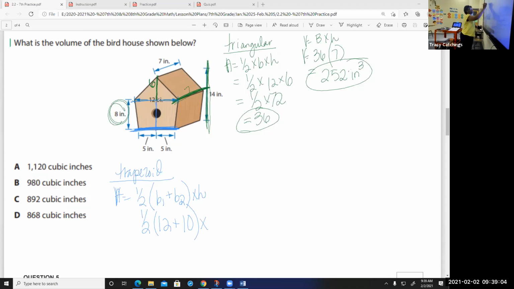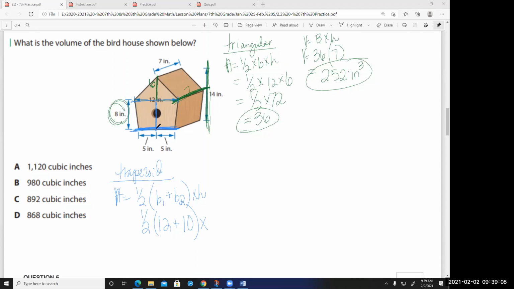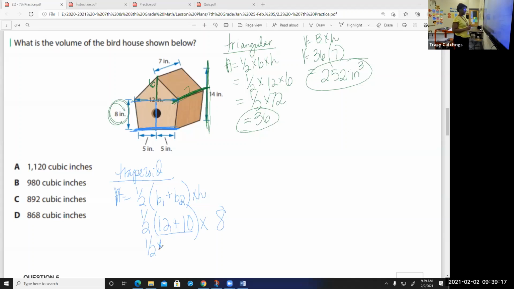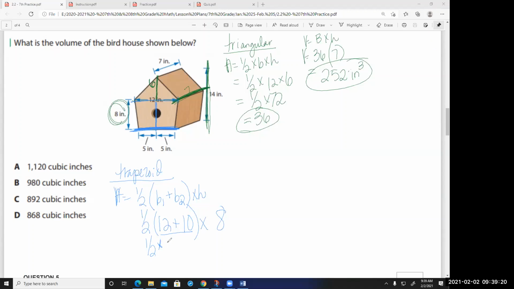What would be the height of it? 8. All right, add 12 and 10. 22.